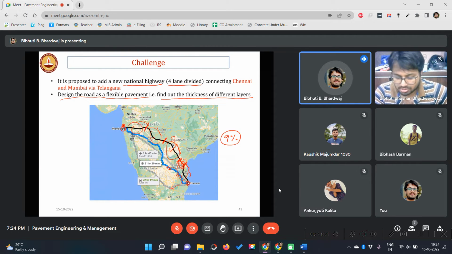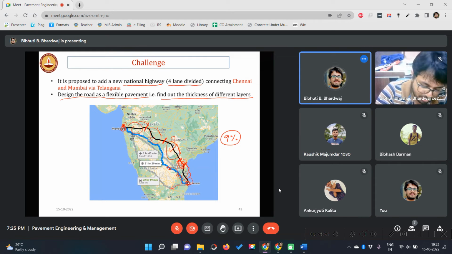Another survey is called household survey. Household survey means you go to every house and ask which road they prefer. This is a huge, very long road, so generally for this kind of road, household survey will not work. You cannot go to every household of Chennai and Mumbai, right? So origin and destination survey is used, and you also get some idea about diverted traffic.